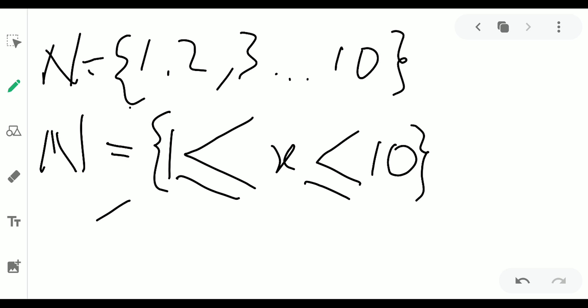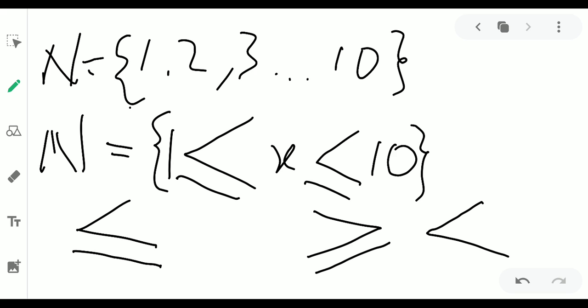So you see we have this sign. This is less than. This is greater than. But when you put this sign under it, it becomes equal to. That is what I've done there. So you have it like this. I'm just demonstrating how we do it.